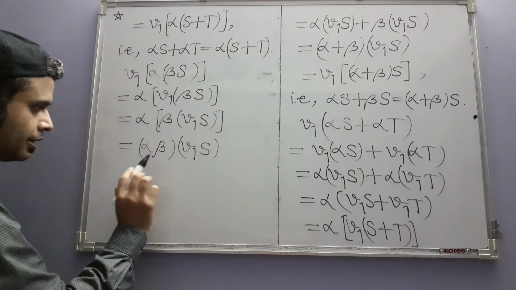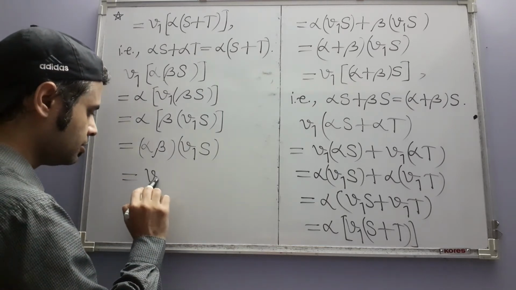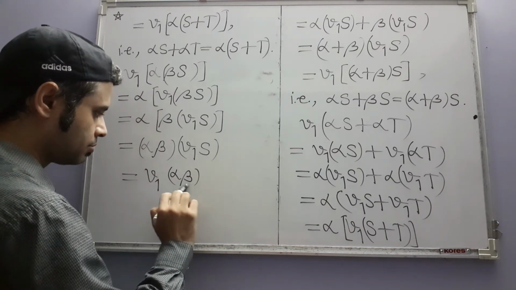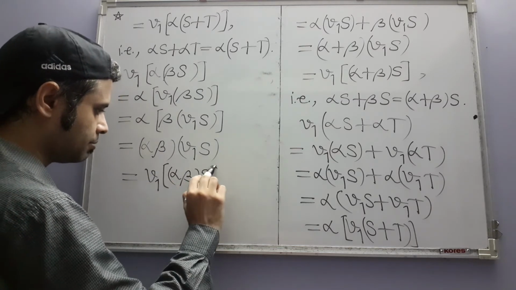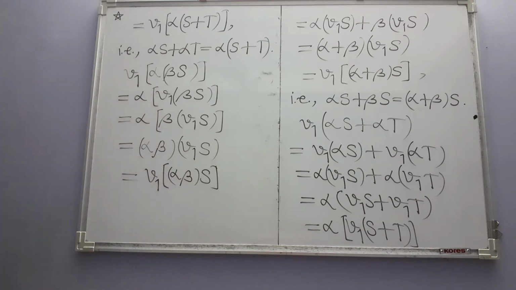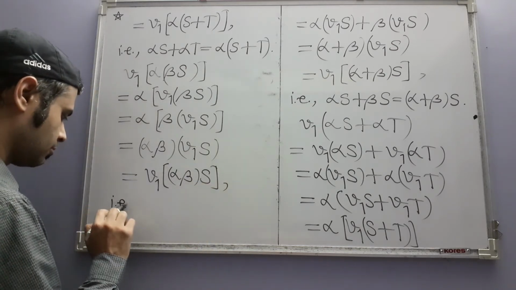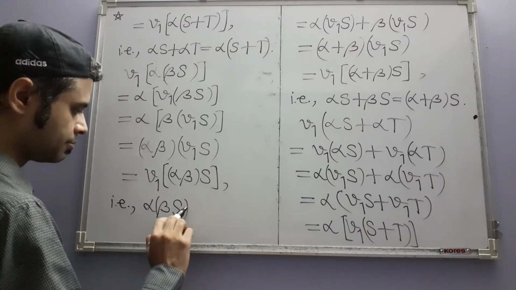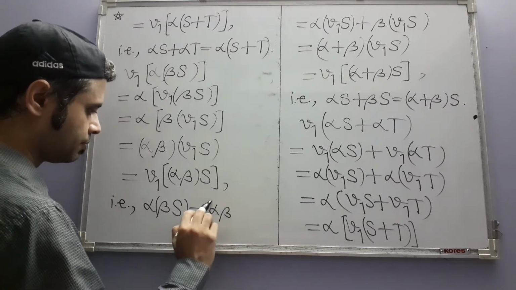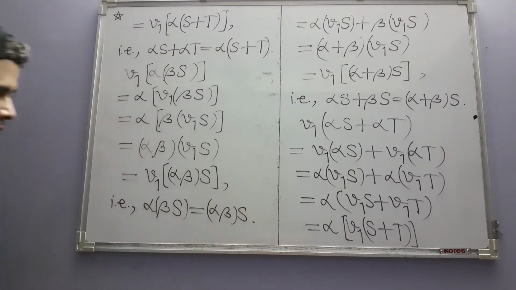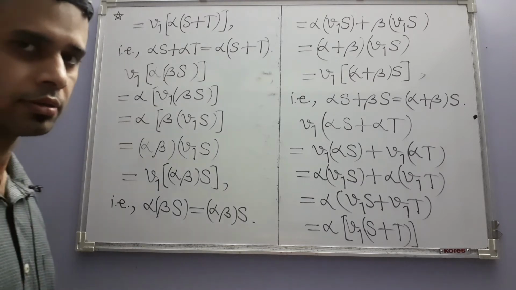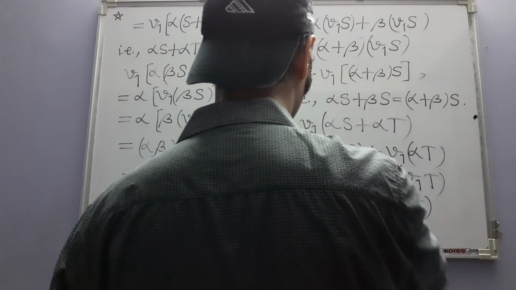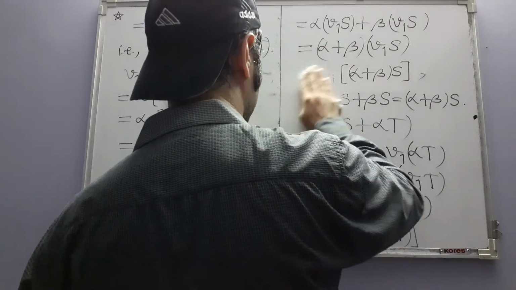Once more, using the definition of scalar multiplication, this thing is equal to the image of V1 under the function alpha beta times S, that is, alpha times beta S is equal to alpha beta times S. So one more axiom needs to be verified. Then we will have the right to say that our home is a vector space.